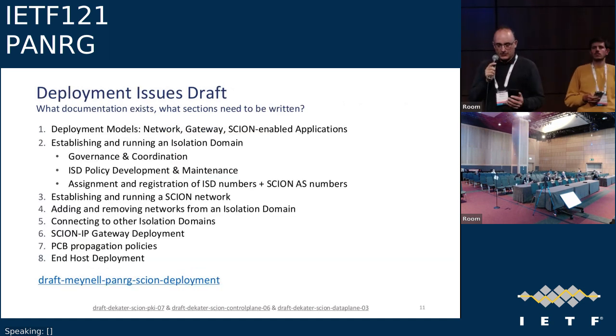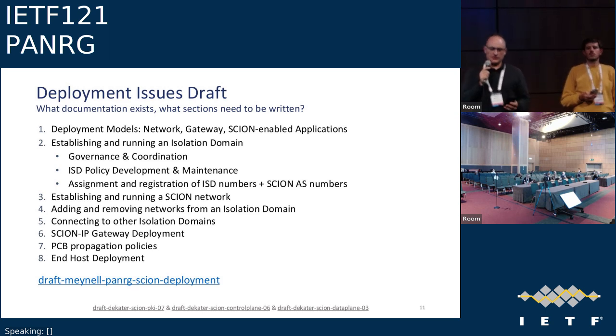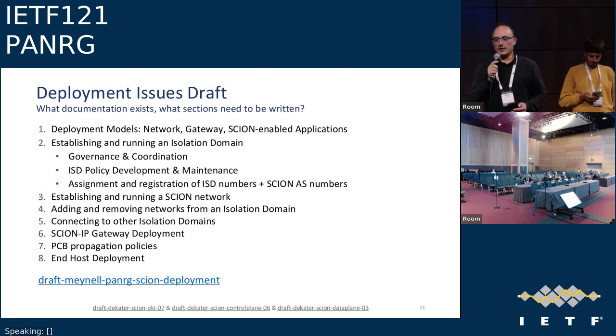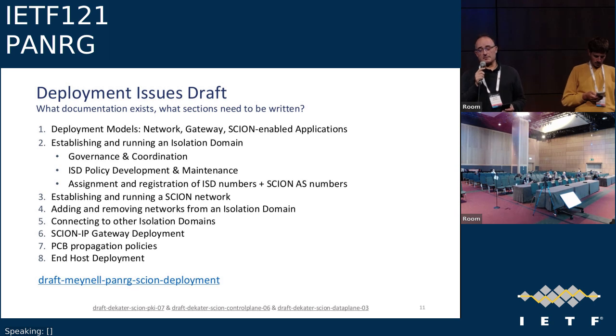Then we have the deployment issues draft. This came up from a suggestion, I think, from various reviewers, that Scion has been deployed and is used in real networks. At the moment, the two main deployment scenarios are a Scion-based network, and we also have the Scion gateway.